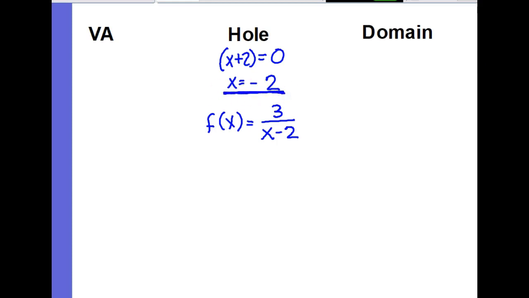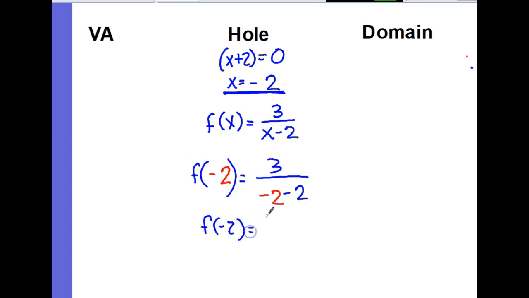I am going to substitute in that -2 that I just found. So that is going to be 3 over -4 from our function notation. That makes a point, that's going to make a hole in the graph right there at that point.